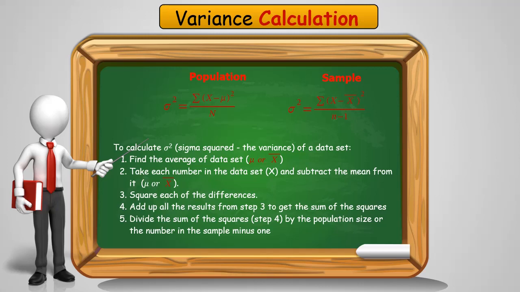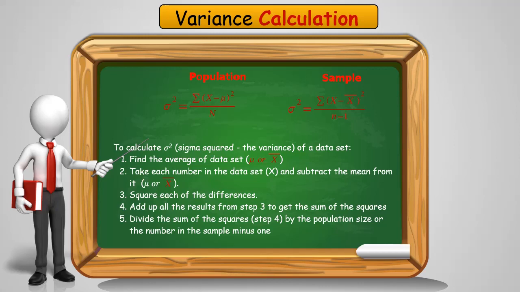To calculate the variance, what we are doing is looking at each individual observation and subtracting the mean from it, squaring that value, summing that up, and then dividing it by the number of observations itself. So whether we're doing a population or a sample is a minor difference, and that's n versus n minus 1.